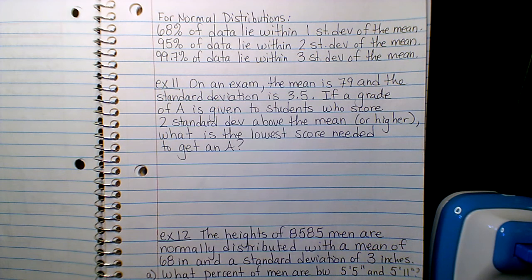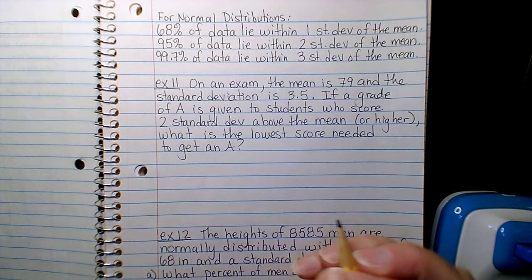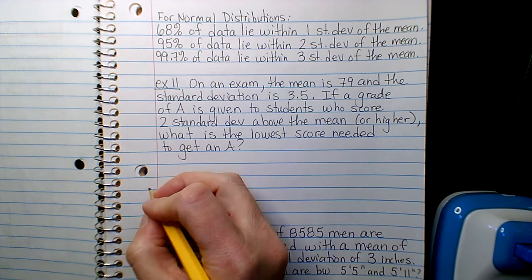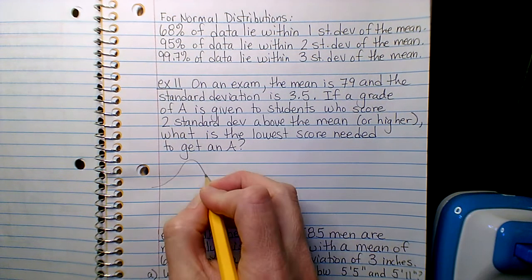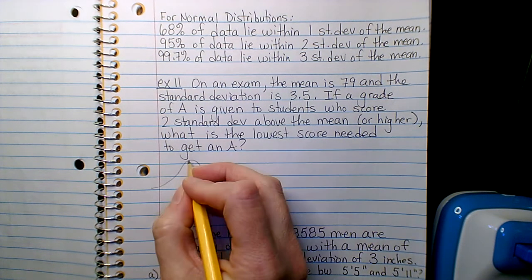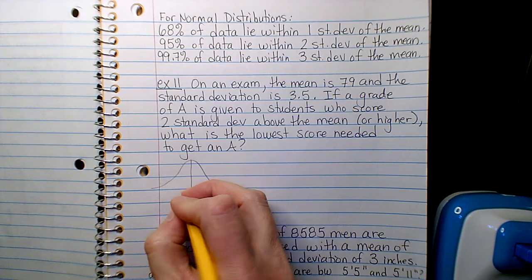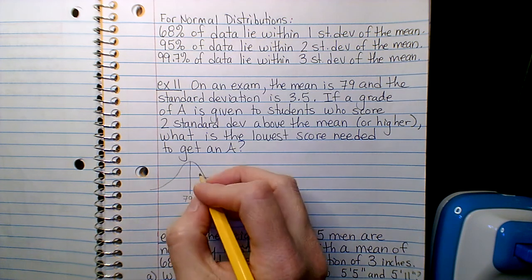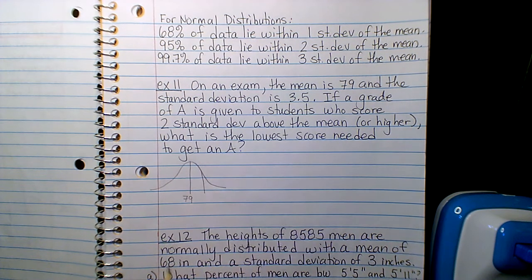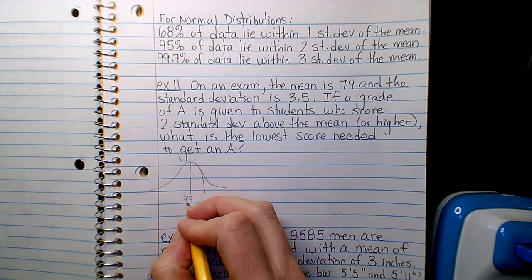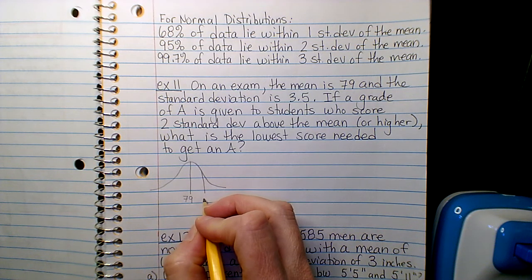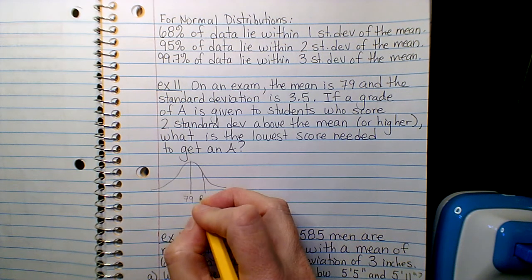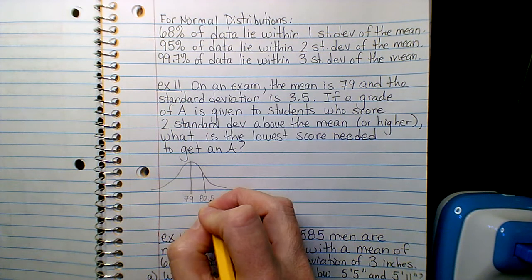So here's what this means. If the scores are normally distributed, then we have this mean of 79. The standard deviation is 3.5. So this number right here is going to be 79 plus 3.5, so that'll be 82.5.